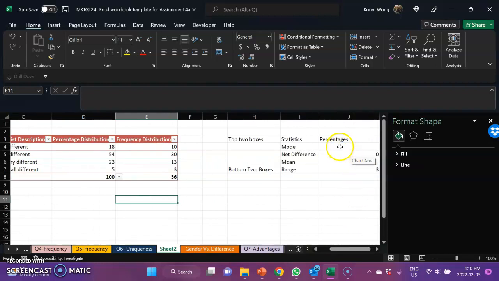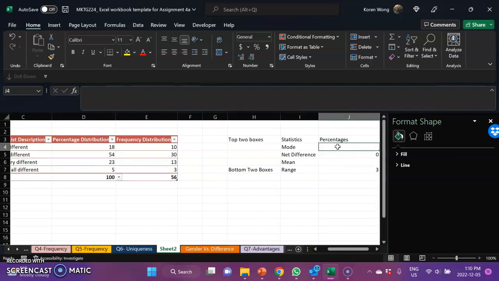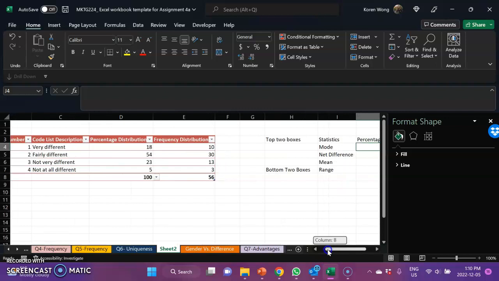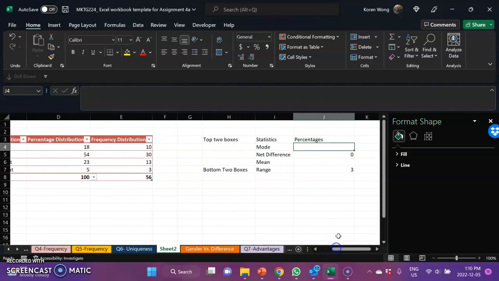Also, how to calculate the mode. Mode means the biggest number that shows up in your worksheet. So for my mode right now, it is fairly different and it is 54%.